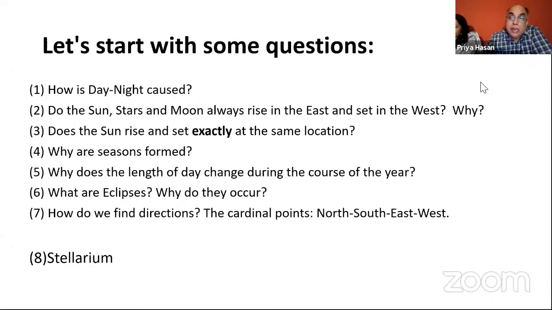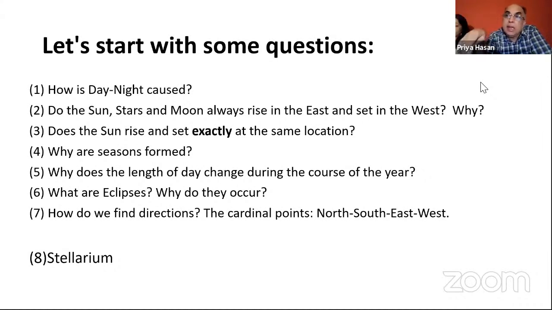We are at the perihelion, but the northern hemisphere is tilting away from the sun in January. That's why we have winter in the northern hemisphere, while the southern hemisphere is tilting towards the sun.